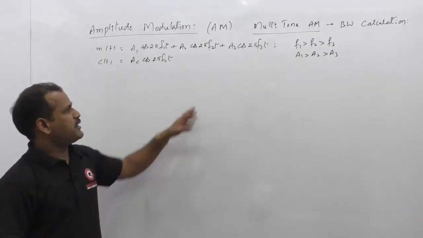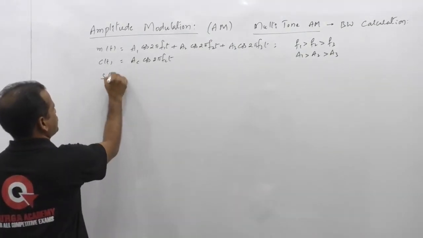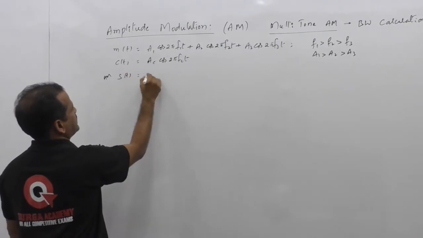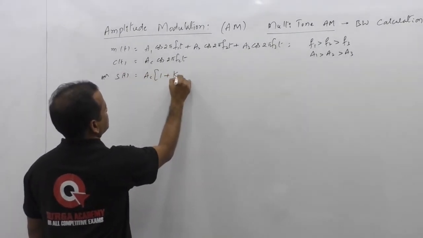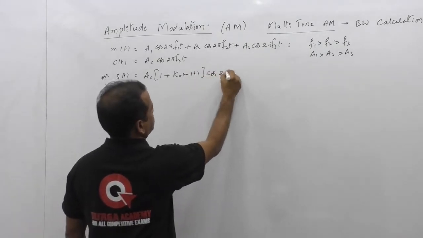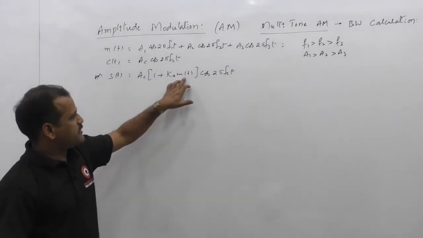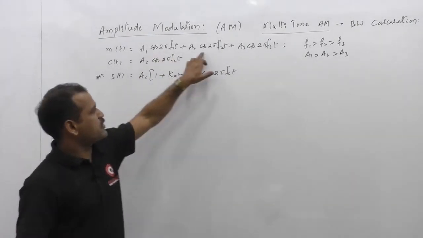In that AM signal, let us take this message signal. First I will write the general form of AM signal, that is AC into 1 plus Ka M of t cos 2 pi fct. In this general form of AM signal, let us consider this message signal as this multitone message signal.